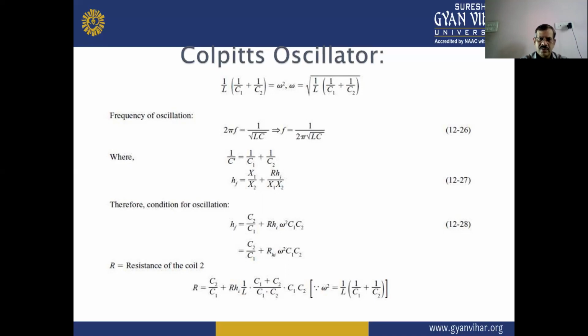Therefore, the condition of oscillation: hfe equals C2 upon C1 plus R hie omega square C1 C2. So R equals the resistance of the coil. So R equals C2 upon C1 plus R hie upon 1 upon L into (C1 plus C2 upon C1) into C2 into C1 C2.